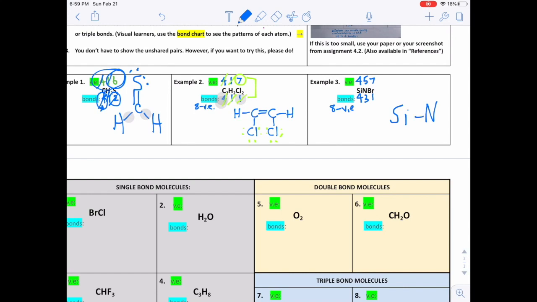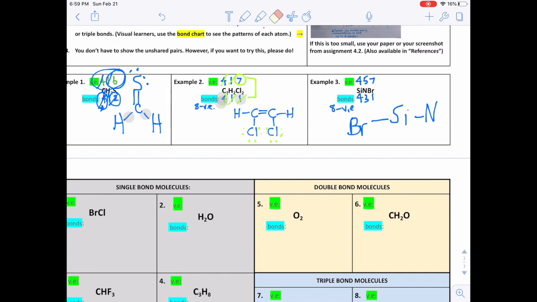And now notice we have one more, Br. So think about which one needs the most bonds. So even though they're in this order in the formula, Si, N, Br, I'm going to put the Br over here to make sure that Si gets what it needs. If I start trying to put the Br over here, the Si might not get enough.